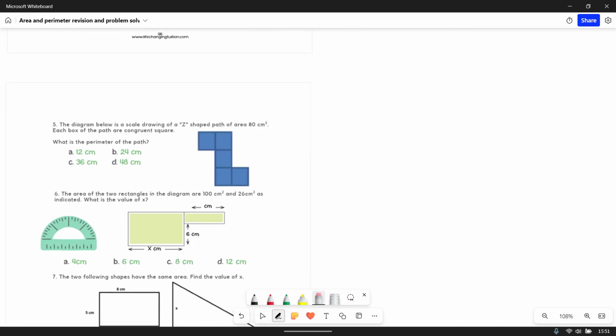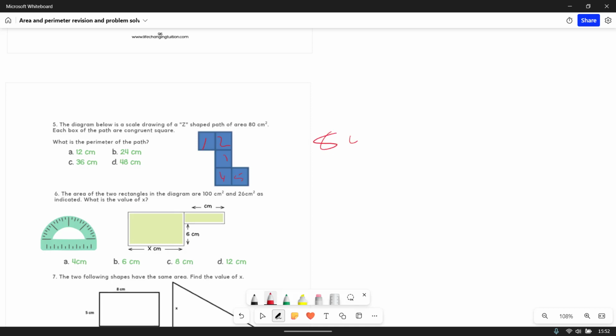Okay, number 5. Below is a scale drawing of a Z shape with an area of 80 centimeters squared. How many squares are there? 1, 2, 3, 4, 5.